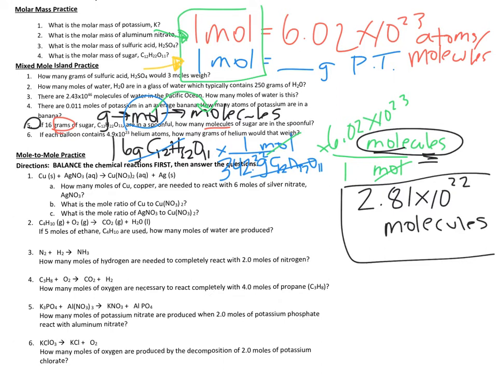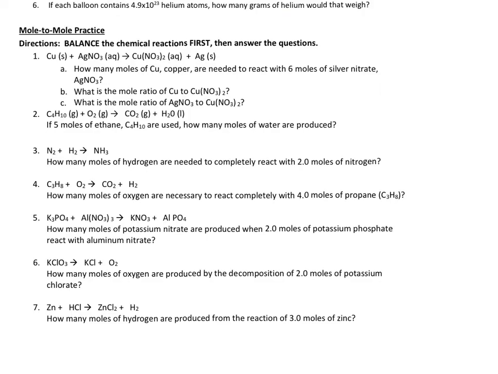Now let's take a look at the mole to mole practice. For this practice, the first thing you need to do is balance each equation. Just like we learned earlier in the semester, you're going to make the little atom inventory and balance each equation before you even start each of these practice problems.